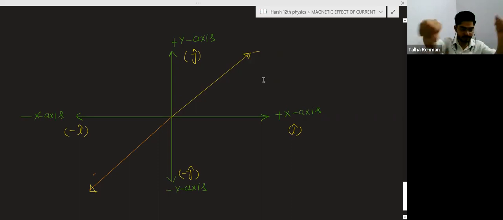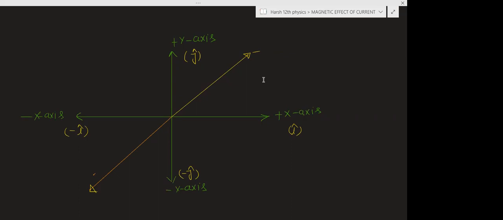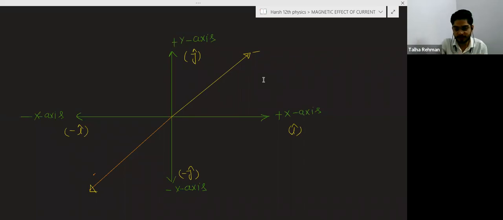What is the meaning of the z-axis? Always remember that I am assigning the direction, and throughout the chapter I will use these directions only. The plane of your copy in which you are writing, or your screen, will always be considered as the xy plane.